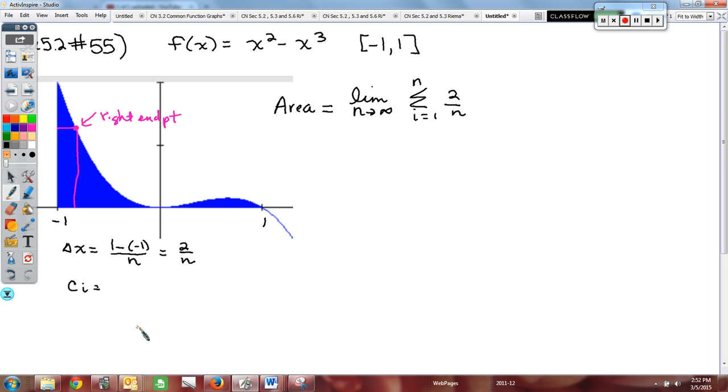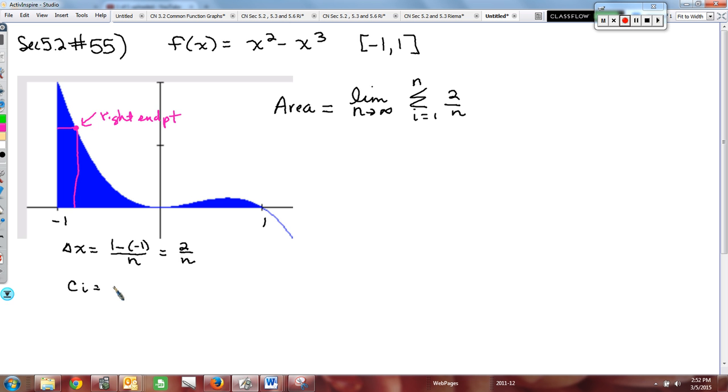So your right endpoint is going to be your a, -1, plus your delta x, 2 over n times i. Okay, so we're basically going to be doing our function with plugging this in for c sub i. Maybe we'll show it in 2 steps. I'm basically going to do c sub i squared minus c sub i cubed.